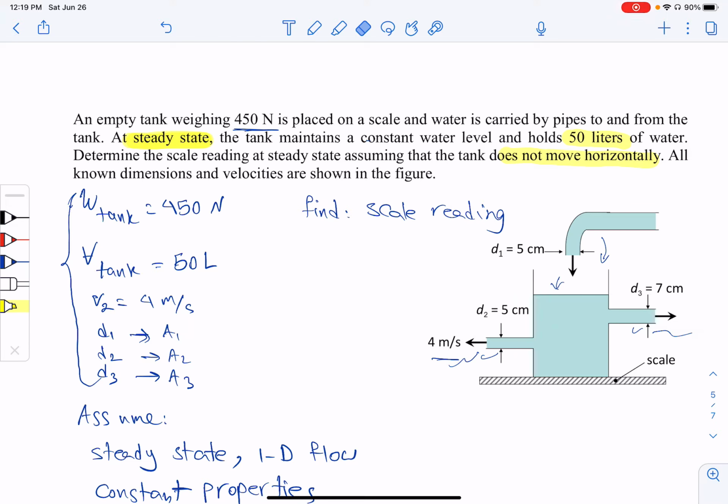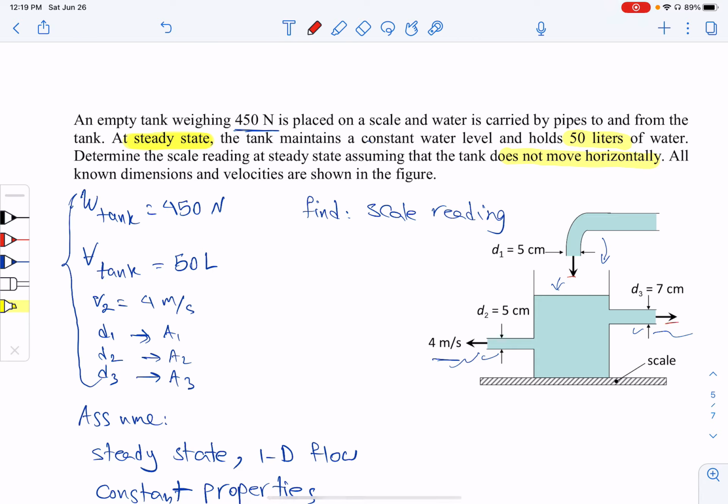So in this case we need to have the momentum. For solving conservation of mass and momentum, there are some steps and a procedure that you need to follow. The first one is to draw your control volume. I have inflow here, outflow here, and here. So somehow I need to draw the control volume to pass these openings.